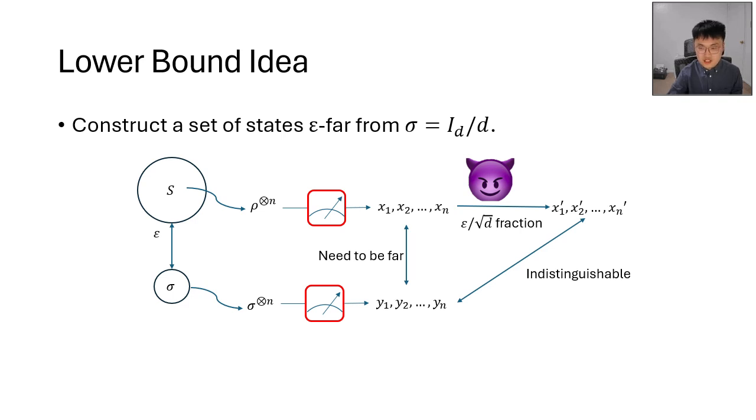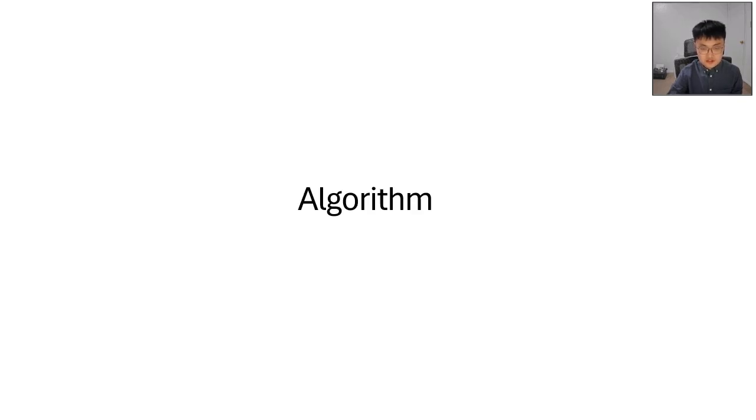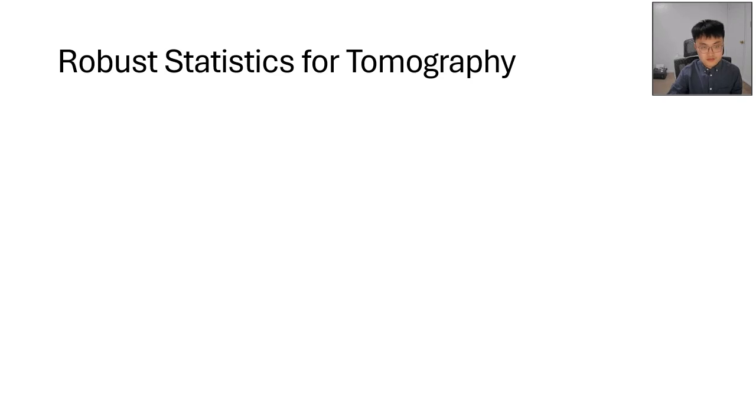What we show is that the adversary only needs to change an epsilon over square root d fraction of those outcomes to make it impossible for any algorithm to distinguish the two cases. So by rearranging the terms, we immediately prove our lower bound, which says that epsilon must be larger than gamma over square root d. So now we'll talk about the algorithms.